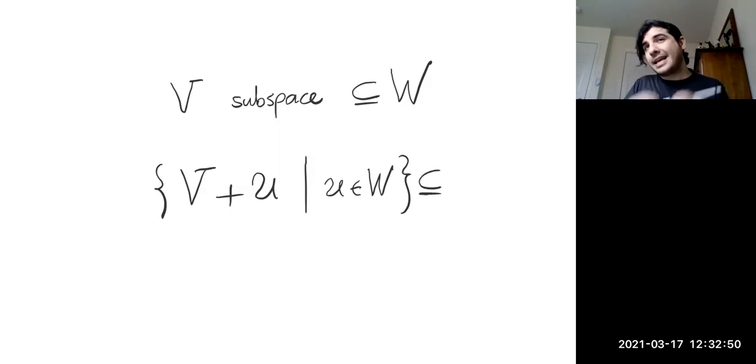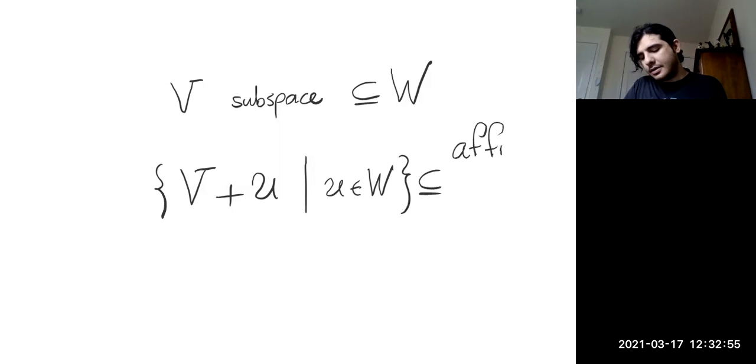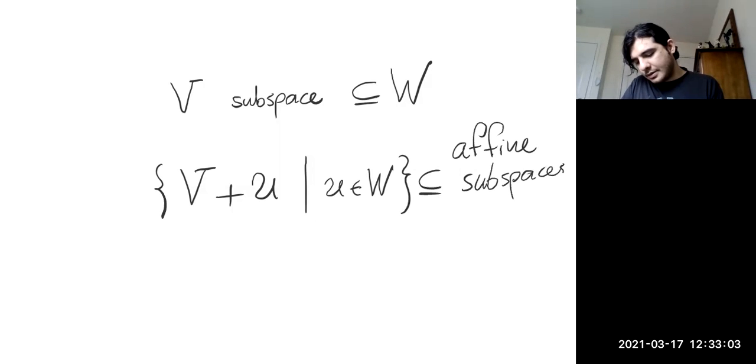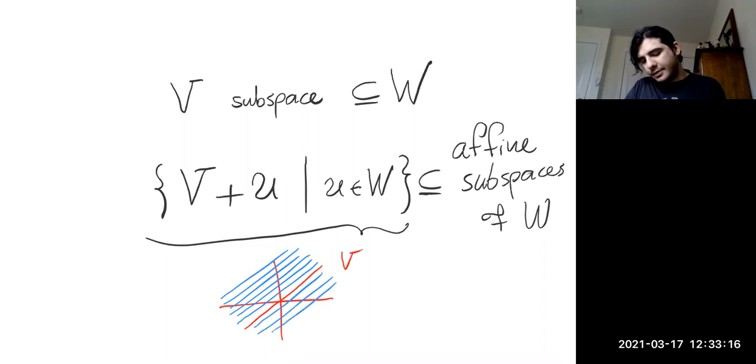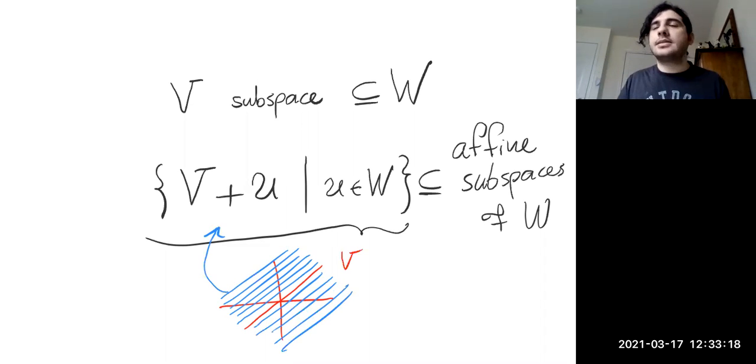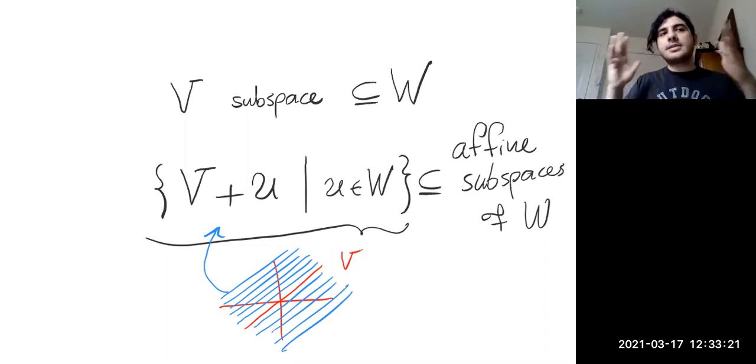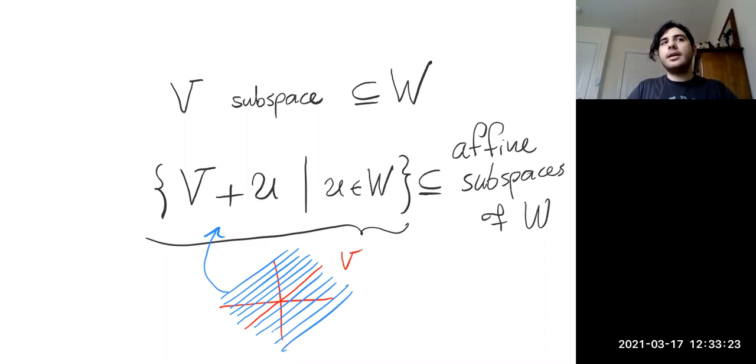So this set itself is inside the affine subspaces of W. This set is all of these parallel translations of V. All these blue affine spaces are inside this space. Consider all of these blue things.